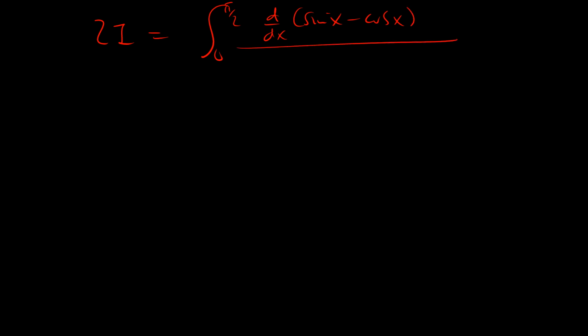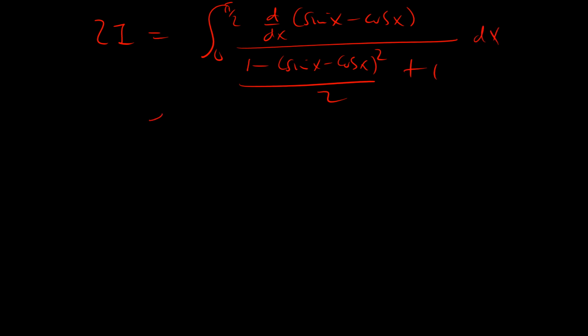So our integral 2I is equal to the integral from 0 to pi over 2 of the derivative of sine x minus cosine x over 1 minus sine x minus cosine x squared all over 2 plus 1.